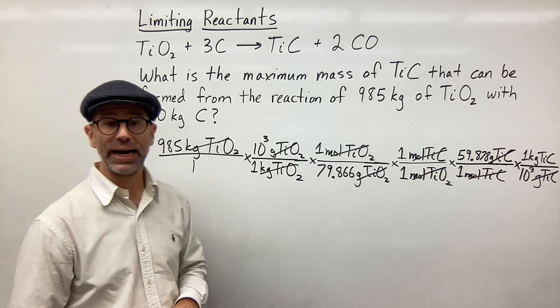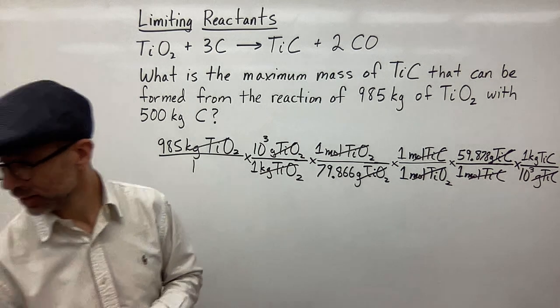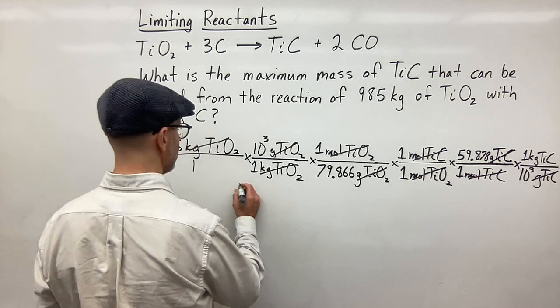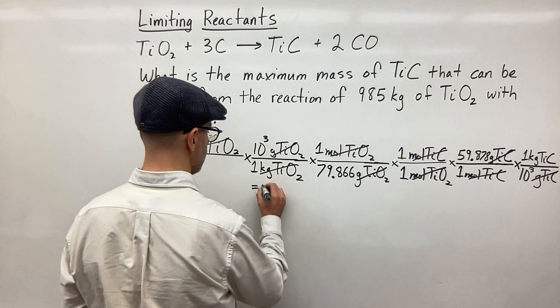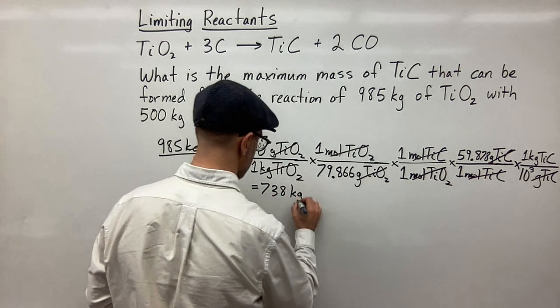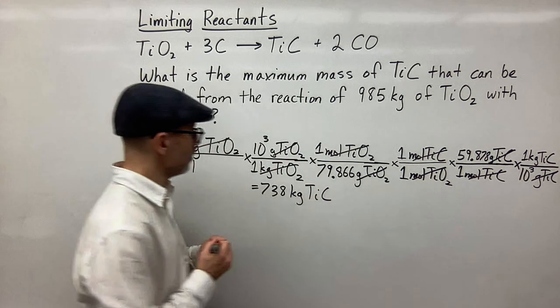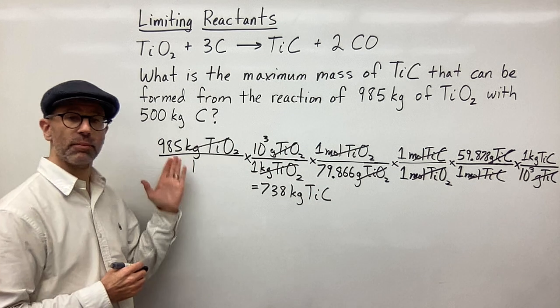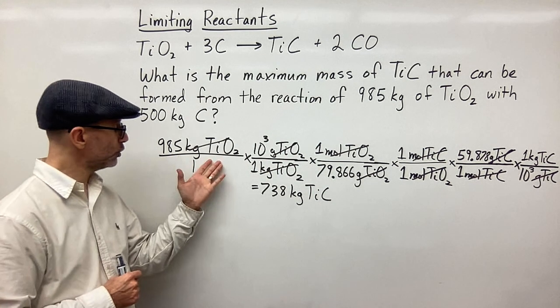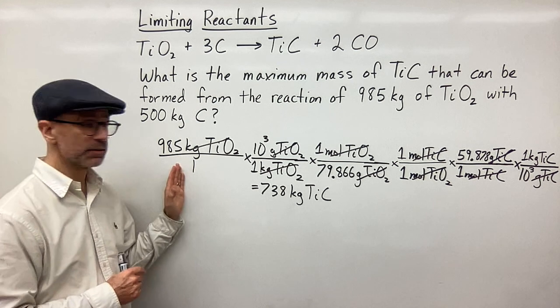Okay, so when I calculate that out, I get 738 kilograms of TiC that is formed from this amount of TiO2. Again, assuming that this reacts completely.